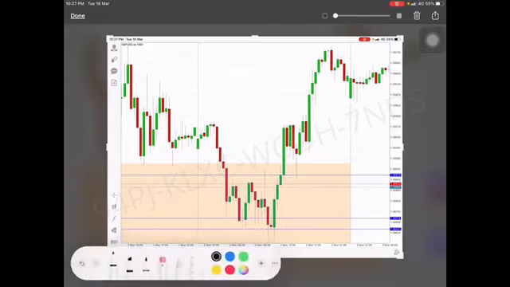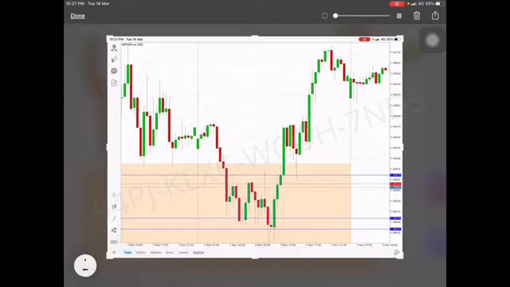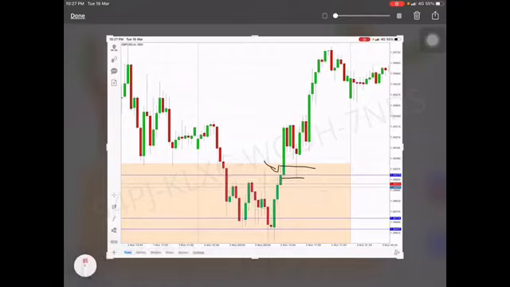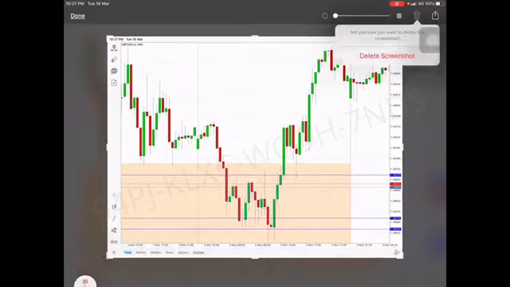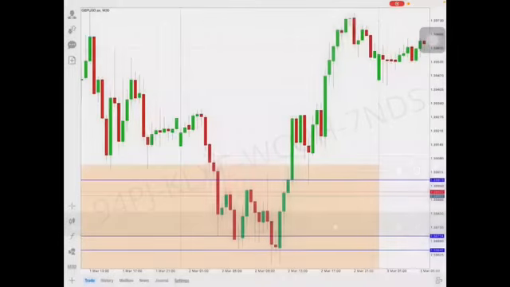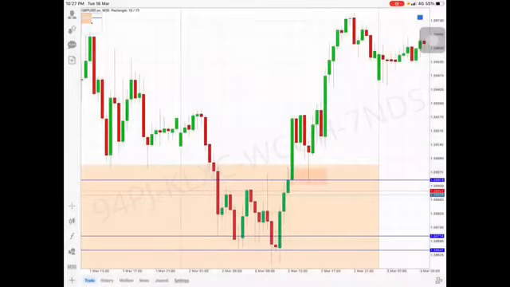Yes, so for entry, there is an EF right here, and also a DOM area. Do you see that DOM? This is the DOM. So now we are on entry.